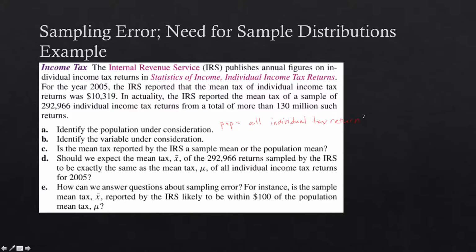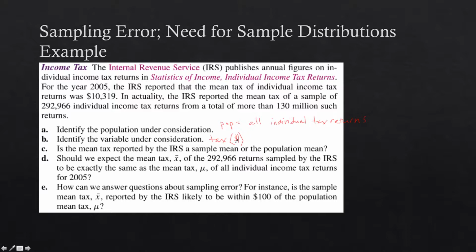That happens to be our population. What's the variable under consideration? It's the tax, the amount of money, the mean tax there.